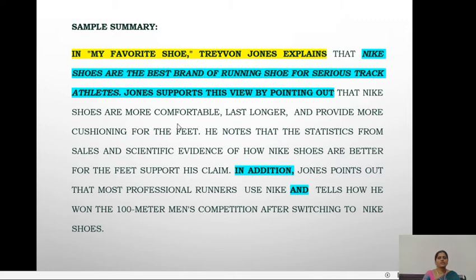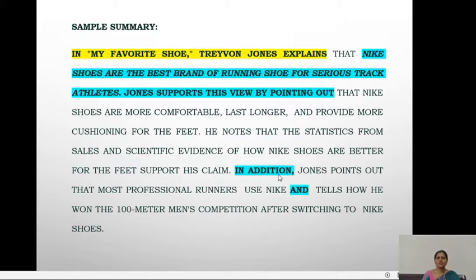He notes that the statistics from sales and scientific evidence of how Nike shoes are better for the feet support his claim. So he has taken some live evidence from the sales and scientific research of how Nike shoes are better for the feet to support his claim.